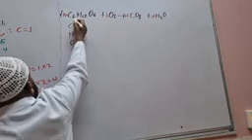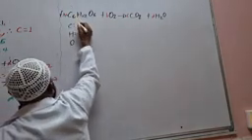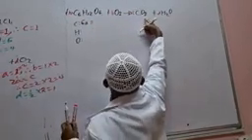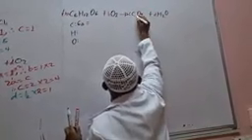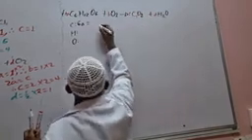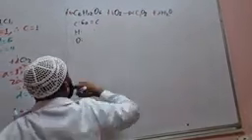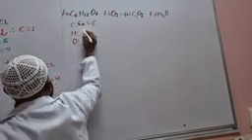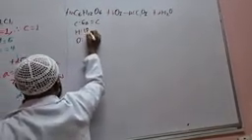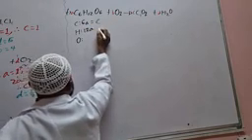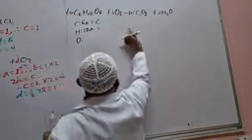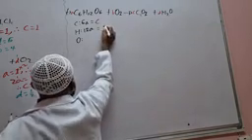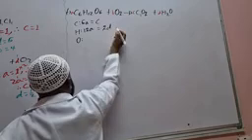Carbon in the reactant, subscript 6 times A: 6A is equal to carbon in the product, 1 times C, which is C. Hydrogen in the reactant is 12 times A: 12A is equal to hydrogen in the product, 2 times D, 2D.